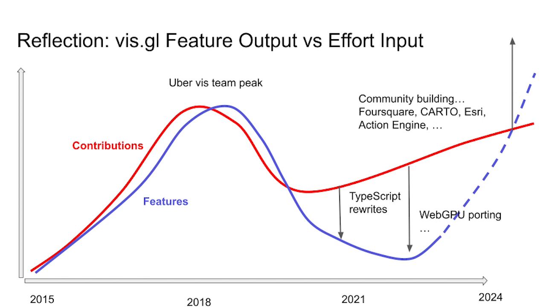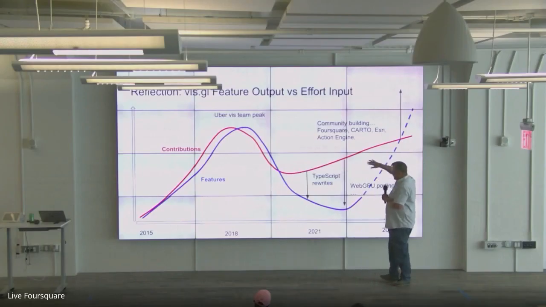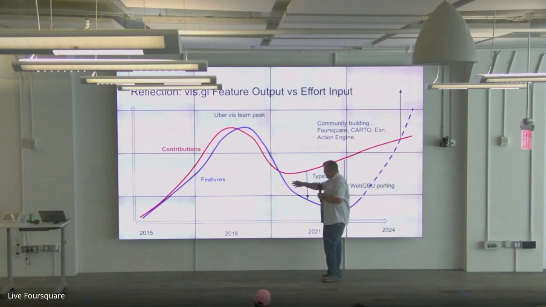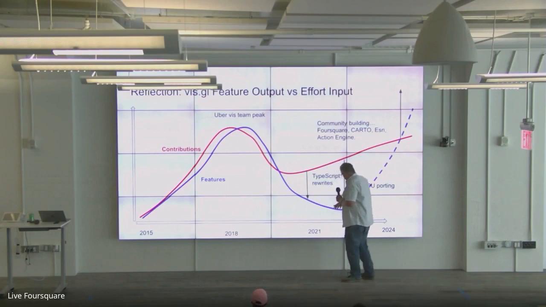Then we broke out from Uber, and we had CARTO and Foursquare and S3 and Action Engine. The community picked it up, and we started to get acceleration again.